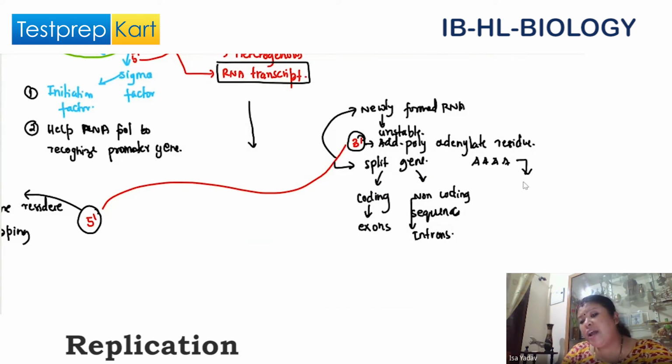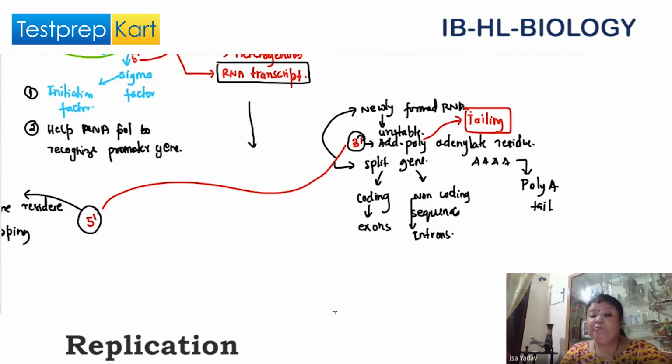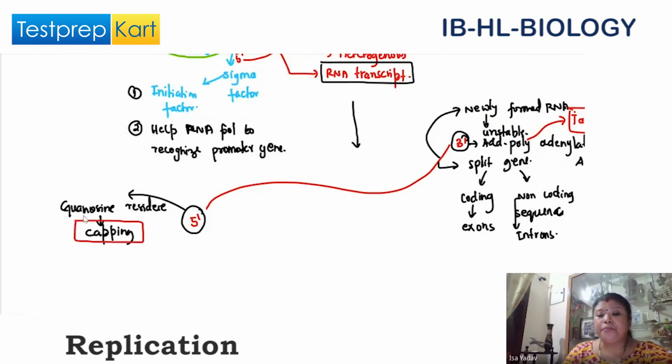So I call this a poly A tail. And the addition of polyadenylate residue is called tailing. One is capping, another one is tailing. Now when the capping and tailing is done, this mRNA is stable.